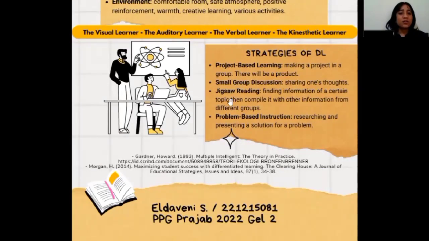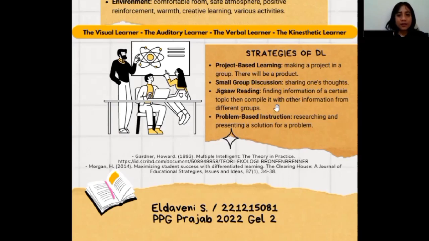So the next strategy is small group discussion. Here, the students will share their opinions in a group, and they will learn to give opinions and thoughts to their friends. They can learn to respect each other's opinions. Next strategy is jigsaw reading.